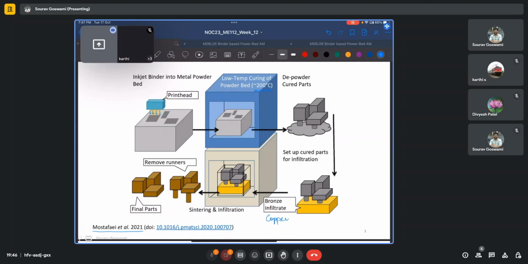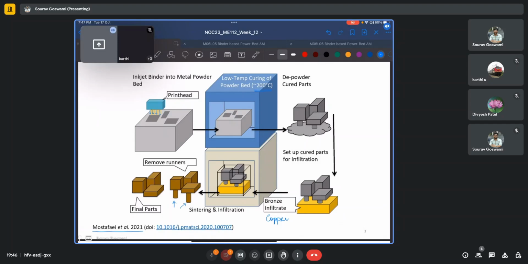So then they are lined up with this infiltration scheme, and again the entire assembly is sintered, this time at a higher temperature. Because of capillary action, the molten copper or the molten bronze will infiltrate. Our parts will not melt in this case, they will still remain solid, but copper or bronze will melt and infiltrate into the voids. And finally, we will remove the runners which were used for infiltration and obtain our final parts.